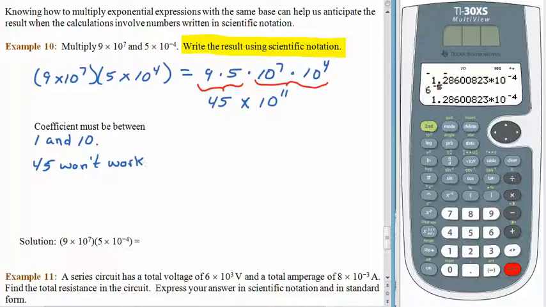So how are we going to fix that? Well, what we're going to do is rewrite 45. You already know how to write a number in scientific notation. 45 is just 4.5 times 10 to the 1st. And then we'll bring this piece straight down.